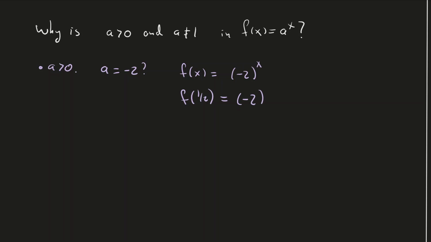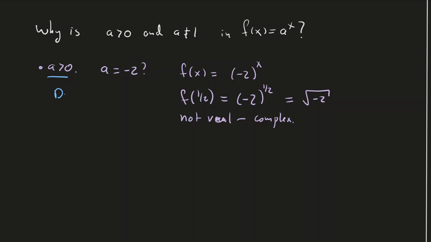So this is negative 2 to the 1/2 power, which is equal to the square root of negative 2, which is not real. That's our issue. In fact, it's complex. So in order to avoid that, we specify that a has to be a positive number.